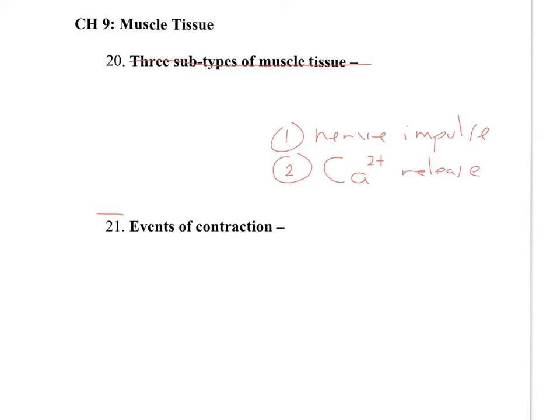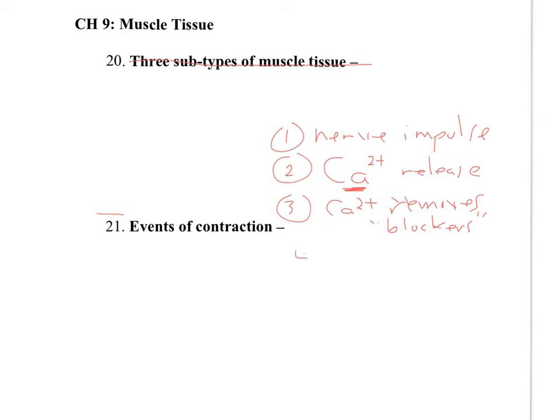This is the first event in the muscle cell that occurs that begins the cascade that leads to shortening of the muscle. Calcium binds to and causes the removal of the blockers. So calcium removes blockers, of which that was troponin and tropomyosin.